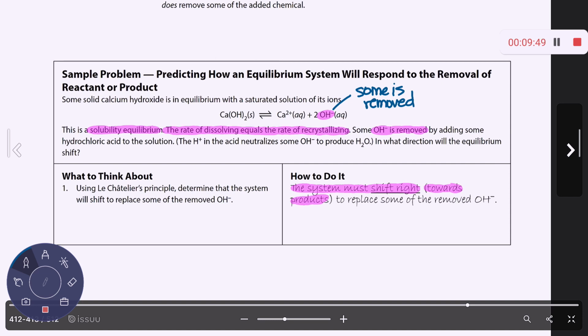Goes down. I'm shifting this way, which means I'm consuming reactant and producing product. It goes up. And then if I had removed OH, I'm never able to replace all of it. Overall, it was down.